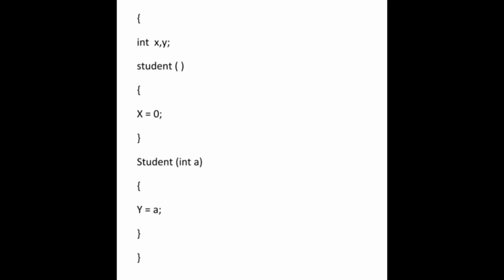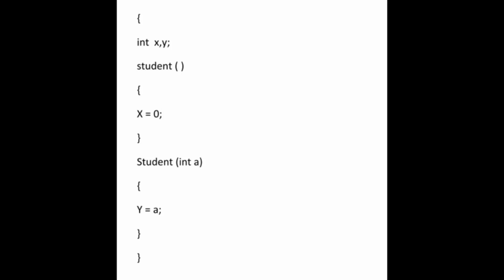That means we can include more than one constructor within a class. That kind of process of including more than one constructor within a single class or program is called constructor overloading. So my dear students, this is how we deal with constructor programming.